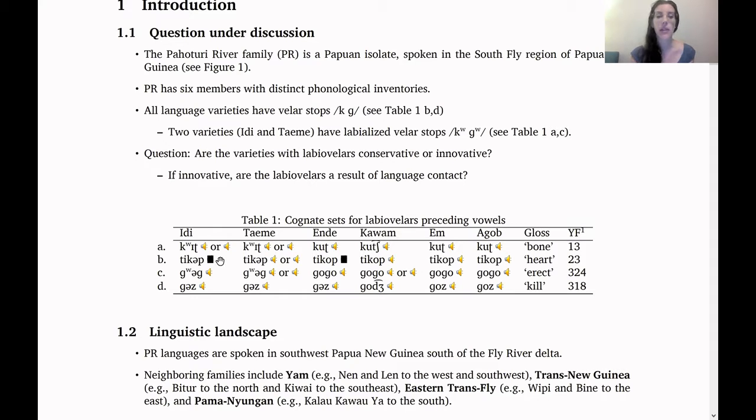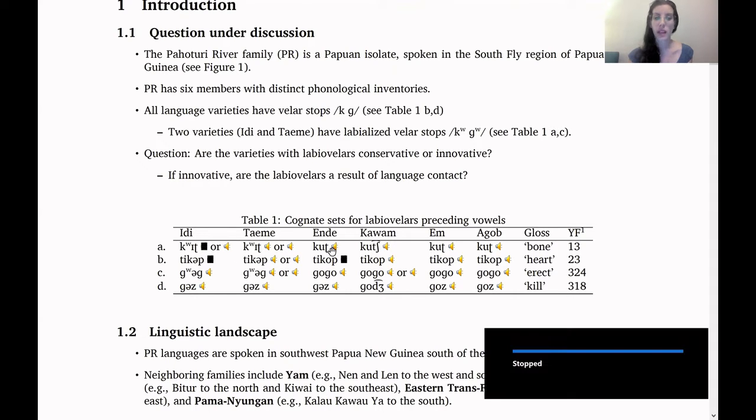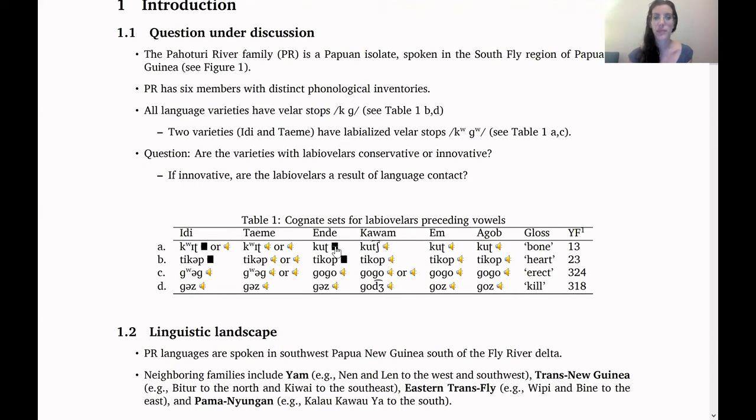So in Idi and Tame, you have words like kwit, where in Ende you would have kit. I'll play those for you. All right, so this holds not only for the voiceless velars, you find both voiceless velar plosives and labialized velar plosives in Idi and Tame, but also for the voiced set as well.